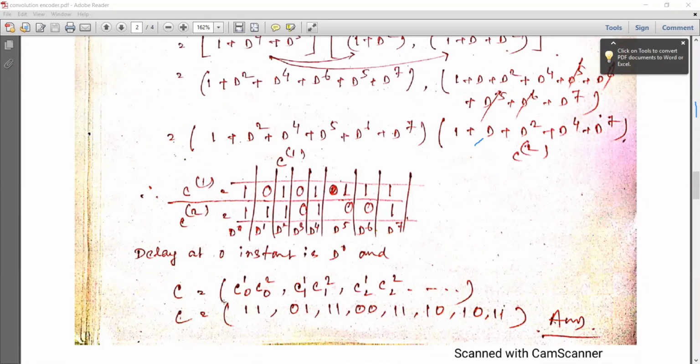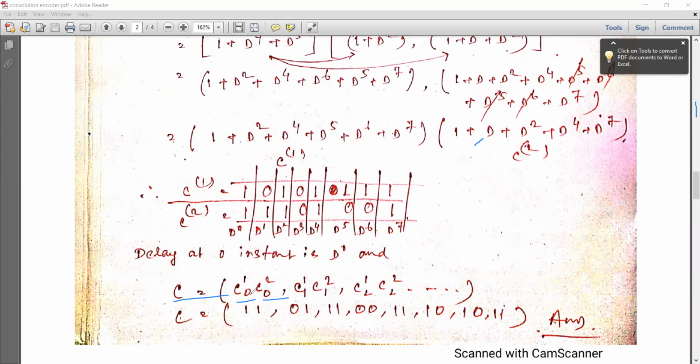So in your examination, this is how to write the ultimate answer, which is called the convolutional encoded bit. So this is the procedure. That means C is your final answer, which is called the convolutional encoded bit, and will be represented as C01 and C02.